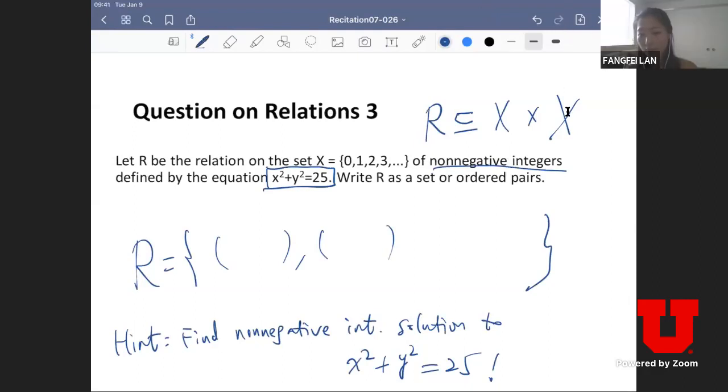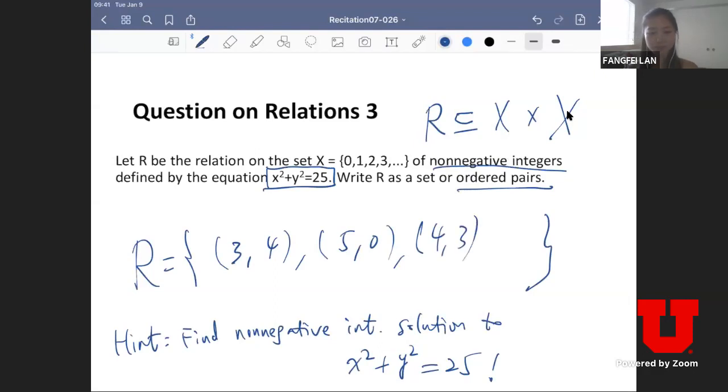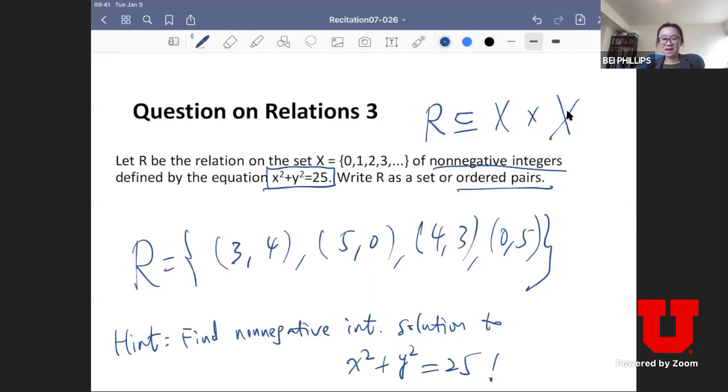So 3, 4, and 5, 0. Something is missing. Remember, it's an ordered pair. 4, 3. And 0, 5. Right? Because you are going to permute the ordering, and when you permute, it's a different ordered pair and it still satisfies the equation.